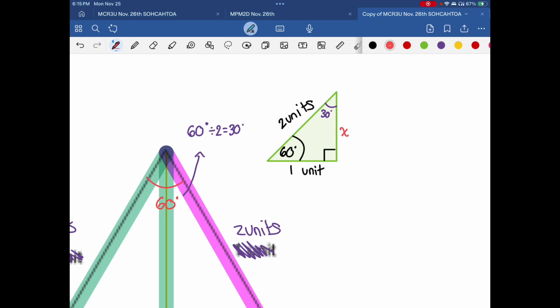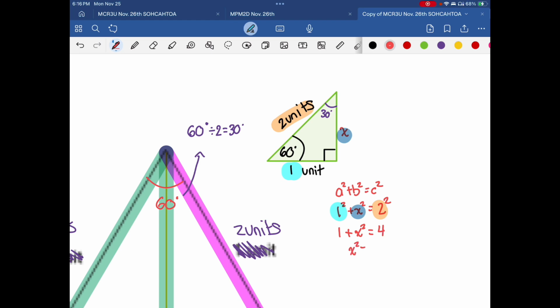Okay, so Pythagorean theorem, a squared plus b squared equals c squared. 1 squared plus x squared equals 2 squared. I'm just highlighting where I'm getting these numbers from so you can follow along. So then I have 1 plus x squared equals 2 times 2, which gives me 4.